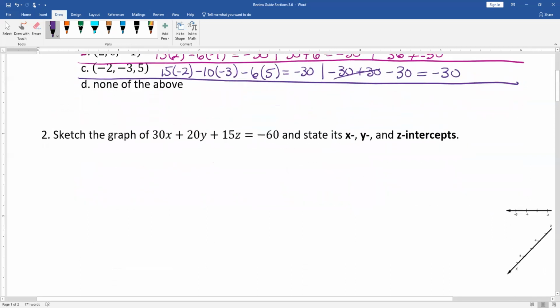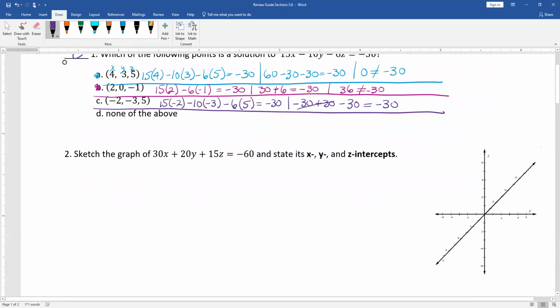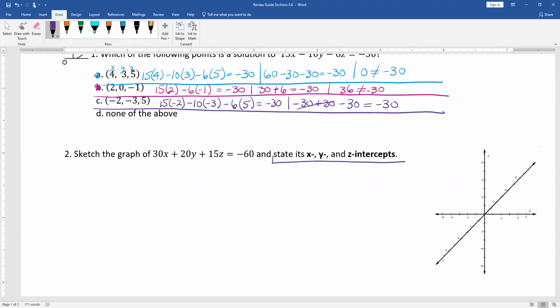Okay, moving on. All right, so the real clue for sketching the graph is that they are asking you to state the x, y, and z intercepts, which means that all you essentially do is calculate your x, y, z intercepts, and then you draw the traces that make up those intercepts, and that gives you your plane. Okay, so what do we know about our intercepts? For the x-intercept, what are y and z?